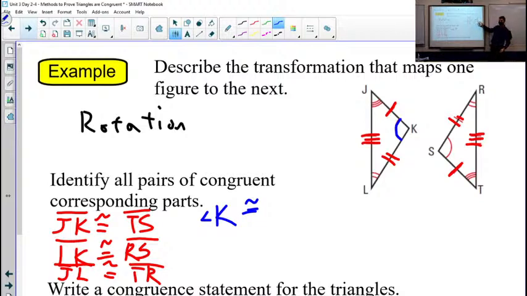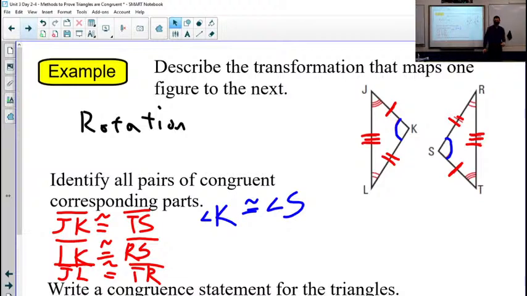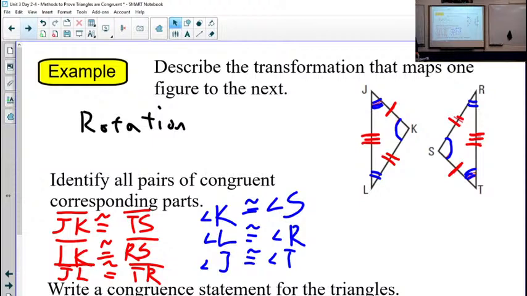Which one has one mark over here? It's going to be S. K lines up with S. And we're going to do the same thing with the other two pairs of angles. So I want to give you 30 seconds to do that. All right.